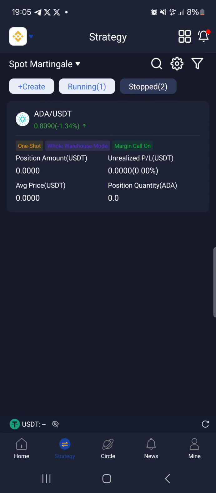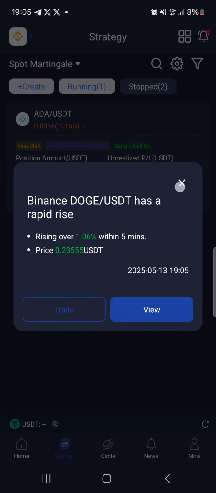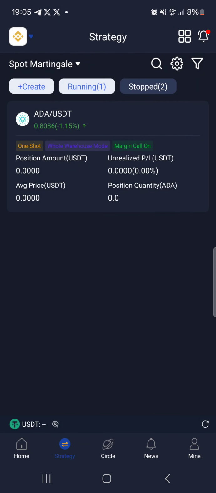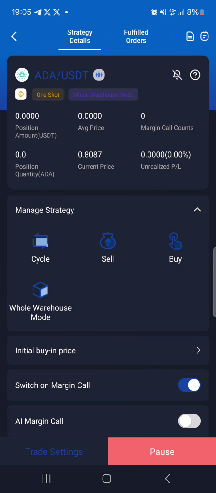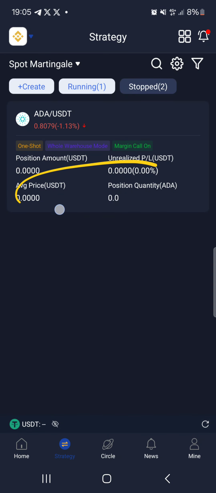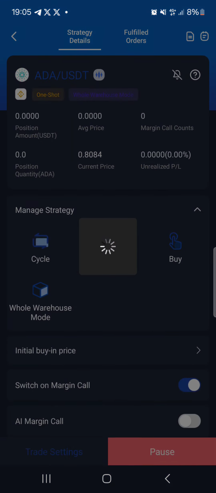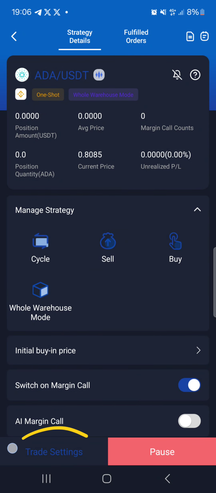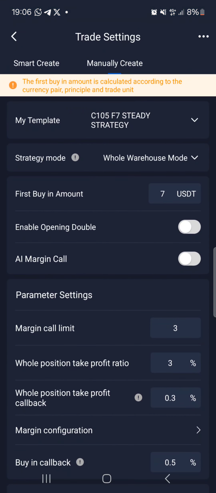So after it buys, I'll be able to see here that it has bought, my money has entered in the market. Now, if you see it is taking long to buy, it simply means the buy-in callback is big. When I tap on the coin, I tap on trade setting.